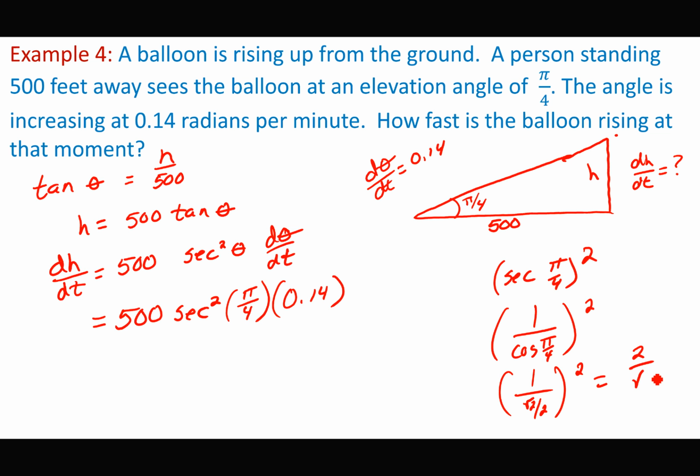So this is 2 over root 2 squared, which is 4 over 2, which is 2. So this is really 500 times 2 times 0.14, which is 140.